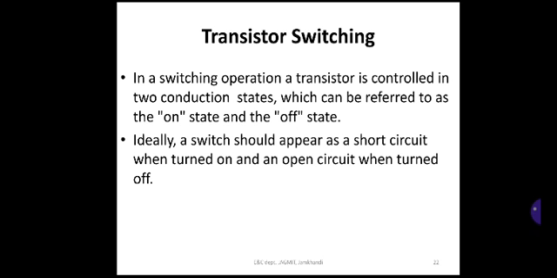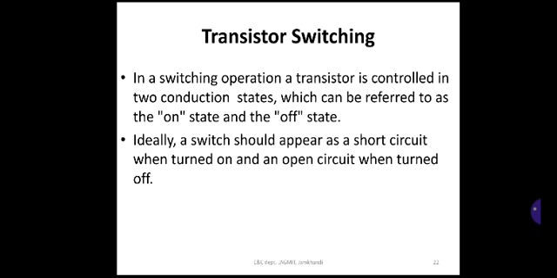In a switching operation, a transistor is usually controlled between two conduction states, referred to as the on state and the off state. But a transistor is ideally not a good switch.